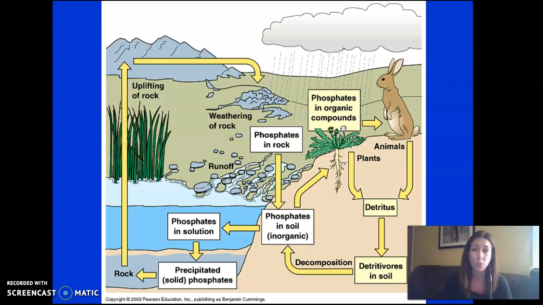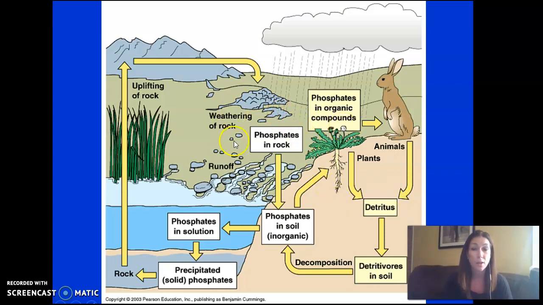Probably what I'll start with is the phosphorus in rock. Phosphorus is often stored in soils or rock. When it's exposed to the atmosphere, what can happen is weathering. If you remember weathering, that's the chemical and physical breakdown of rock. First that rock has to be weathered in order for the phosphorus to be accessible for soils, for plants, and then its way into living things.